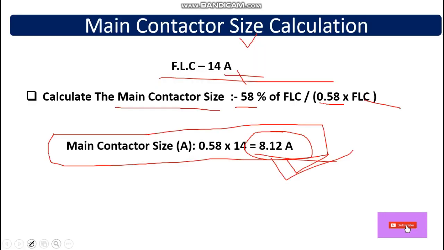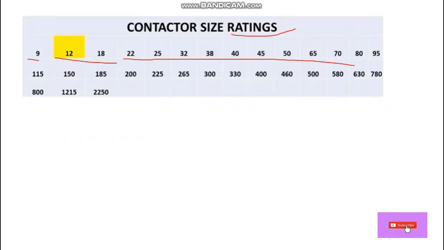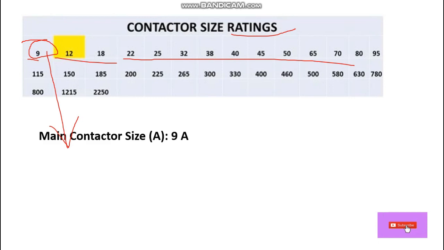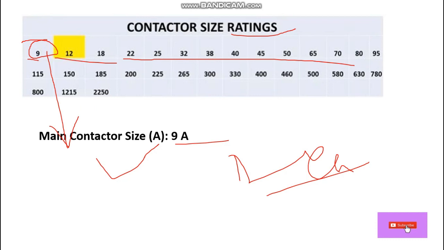So always go for a higher value than the calculated. Okay, that's why 9 is near about this. So main contactor size is 9, and we already talked about it, the contactor size for main and delta contactor are the same. That's why delta contactor size is also 9 ampere.